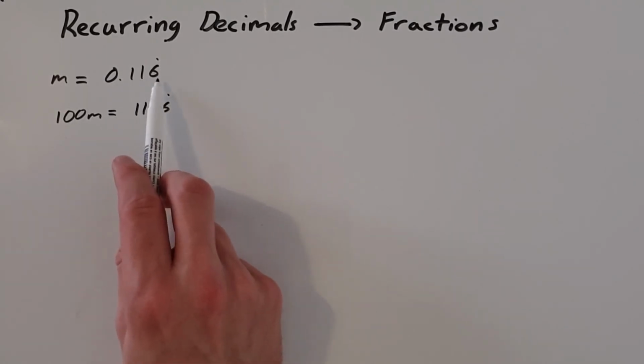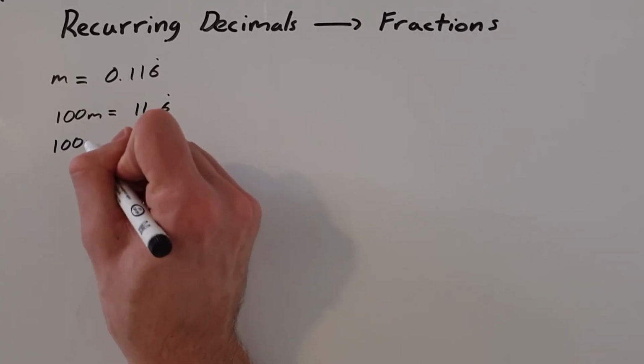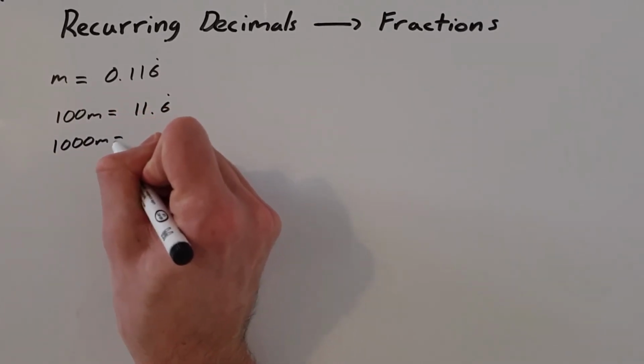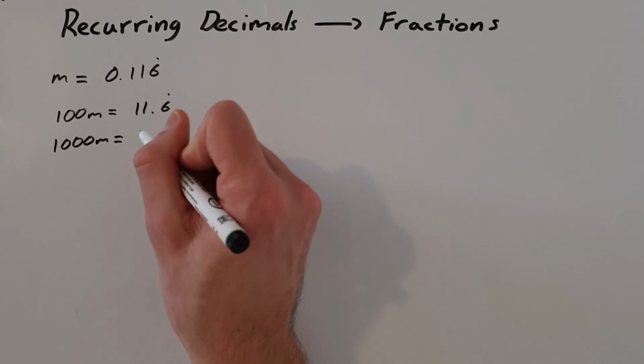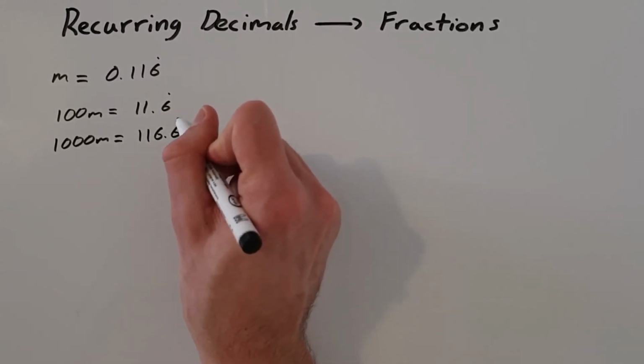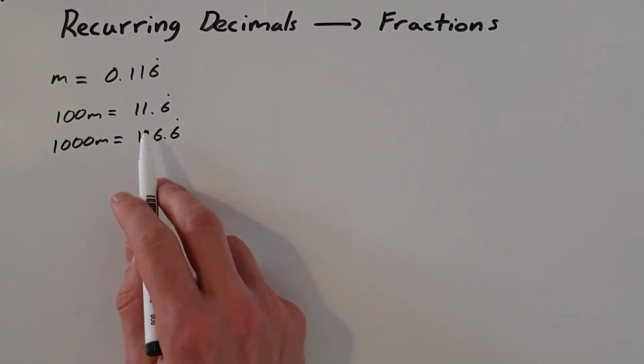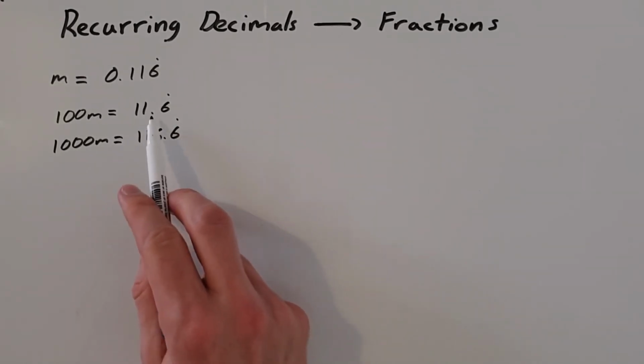And because it's 3 numbers deep into this side of the decimal point, we want to multiply this now by 1000. So if we do that, then we'll now have 1000m equals 116.6 recurring.